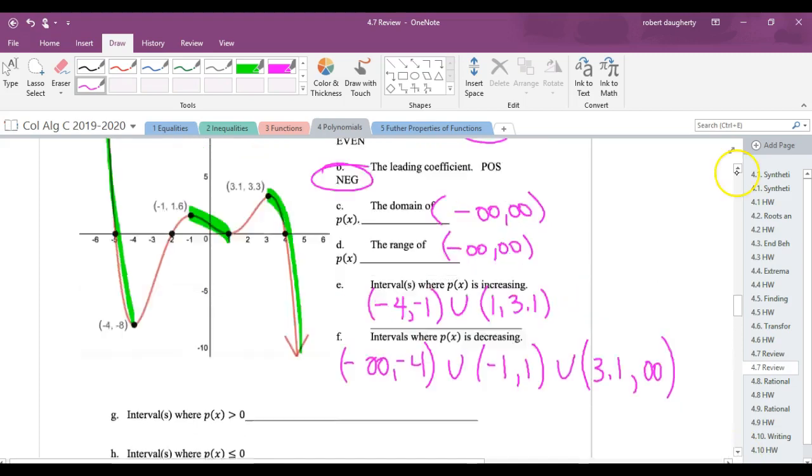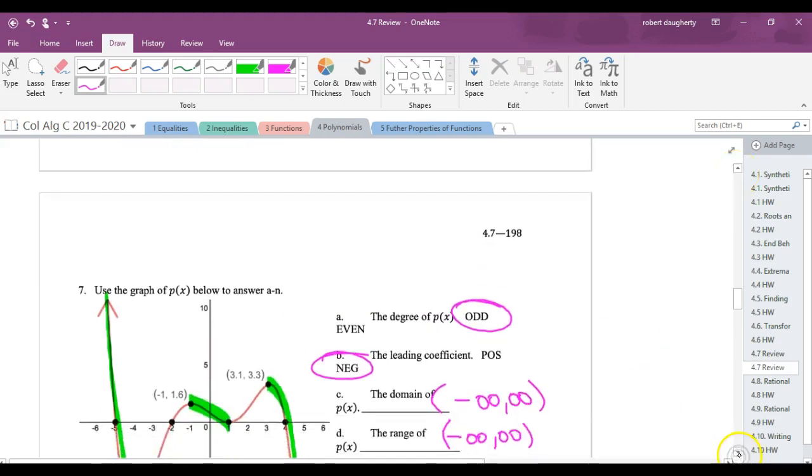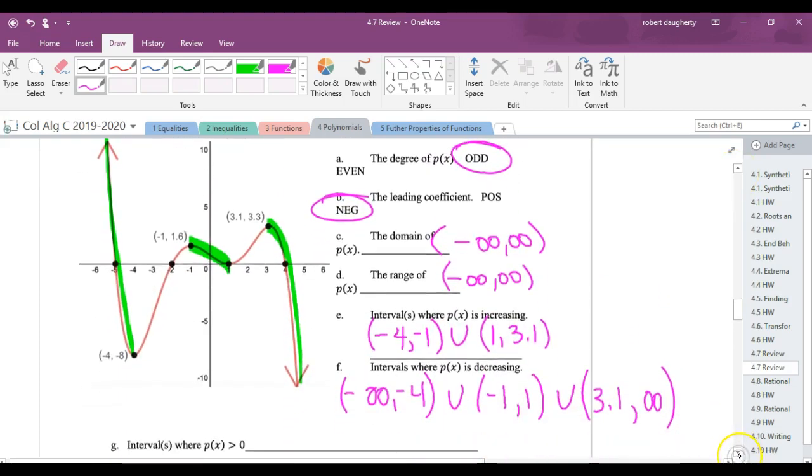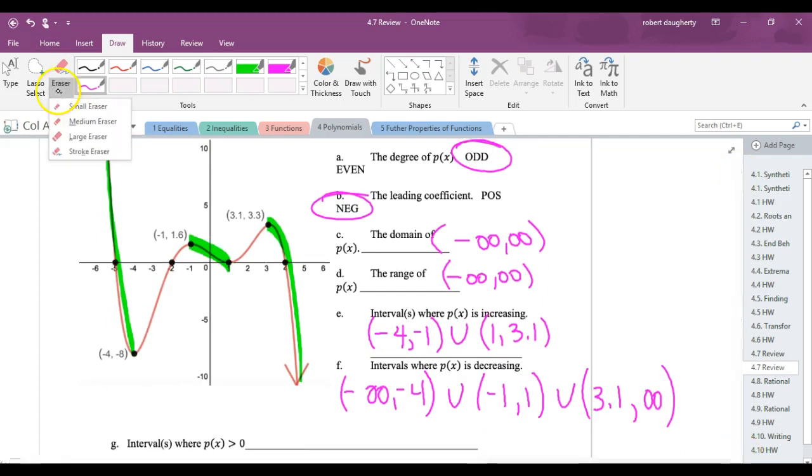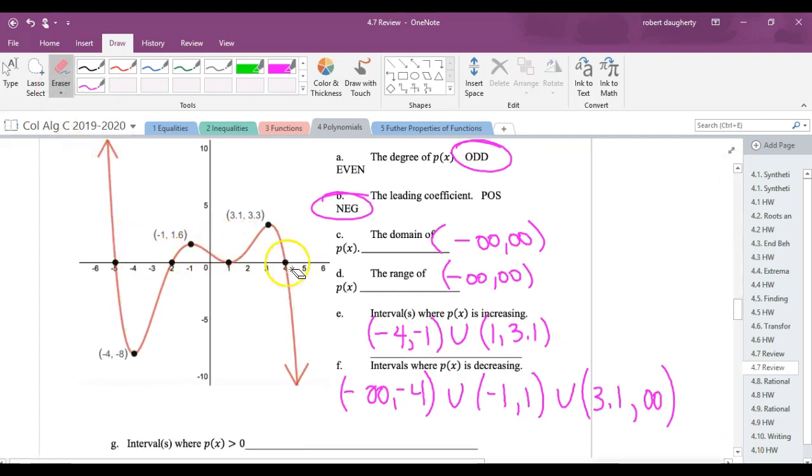Where is this function greater than 0? Okay, this is something we did earlier in the class. So let's erase this. Greater than 0 means above the x-axis. That's happening here, here, here. So greater than, strictly greater than does not include this 0.1.